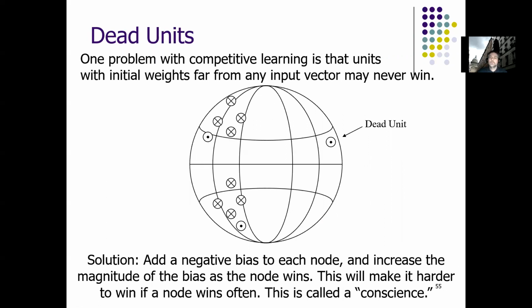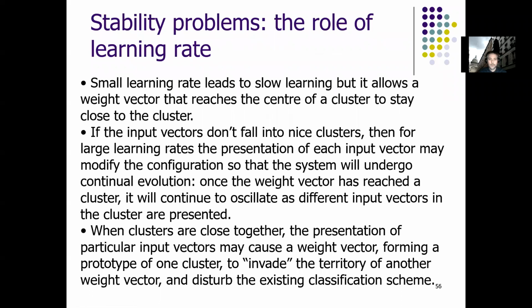So for example, you can produce a more balanced type of training by adding negative bias to each node. You have techniques which make it hard for certain nodes to always win, and some other methods so that we try to produce a more balanced approach. These are techniques which have been proposed in the literature.